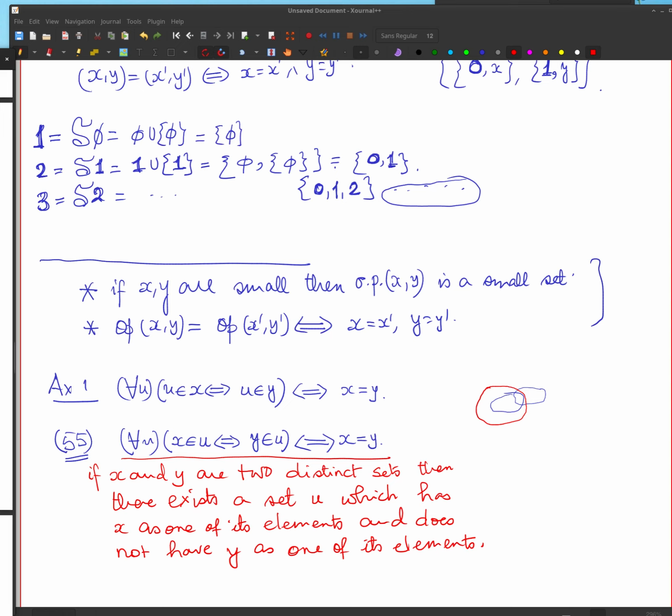Also, you see, these statements are saying if A and B are small sets, then the Cartesian product is a small set. And then the moment we get this, we immediately can speak of a relation: a subset of a Cartesian product. Well, what is a subset of a Cartesian product?